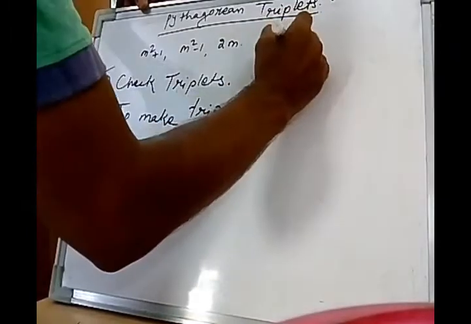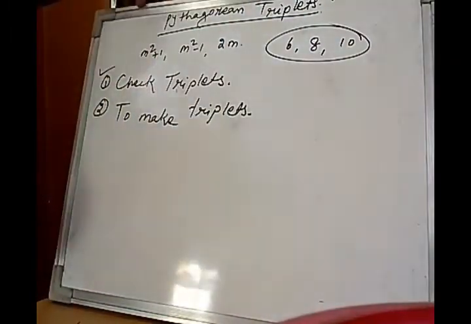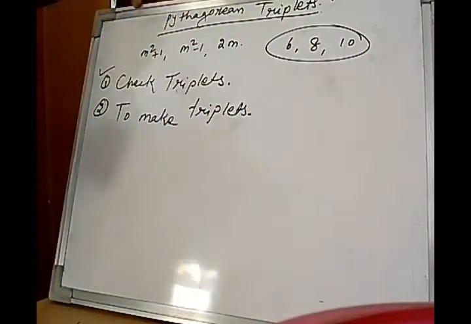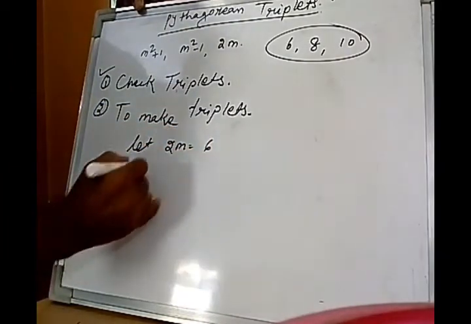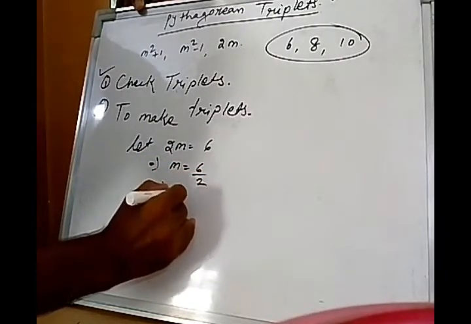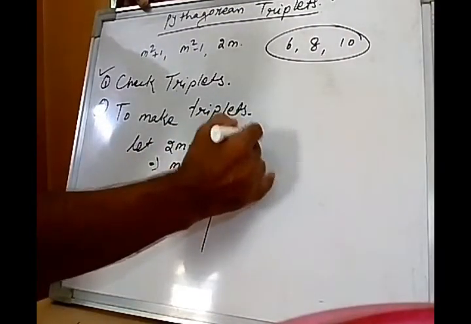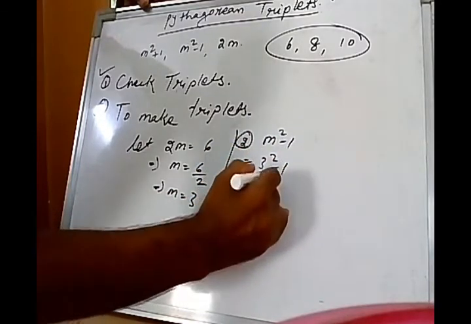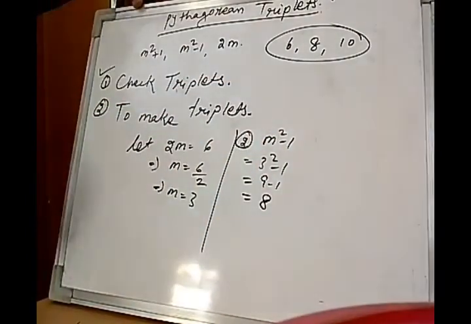Now we will take the example 6, 8 and 10. All are even numbers. So we can take any one of the even numbers in the form of 2m. So let 2m equals to 6, implies m equals to 6 upon 2, implies m equals to 3. So when m equals to 3, the second one will be m square minus 1, that is 3 square minus 1, that is 9 minus 1 equals to 8, and 8 is also a member of the Pythagorean triplets.